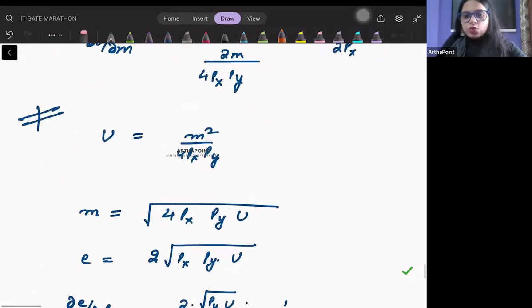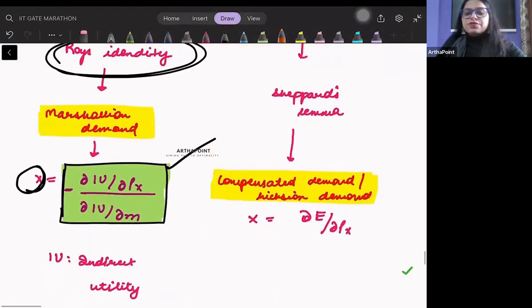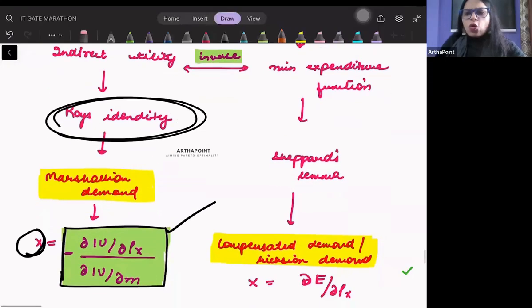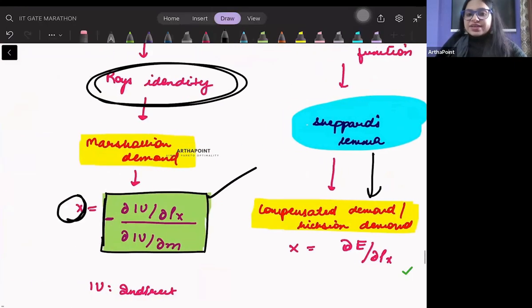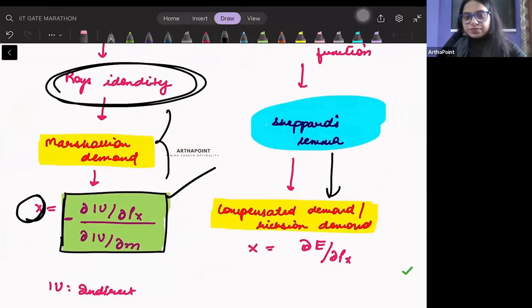Now, just one more thing that I want to discuss here, which is Shepard's lemma, because all of you are confused between Roy's identity and Shepard's lemma. Look, Roy's identity gives Marshallian demand.